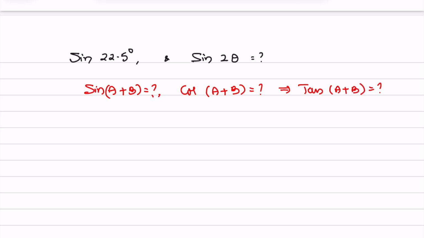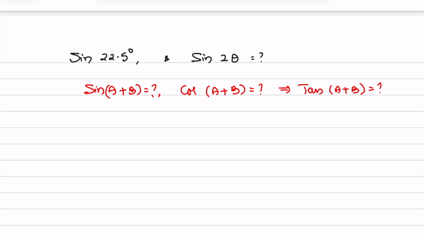With this I wanted to conclude this lecture. Without developing any tables, without by-hearting, with the geometry we got the values of sin 0, sin 30, sin 45, sin 60 and sin 90. In addition to that, we got the value of sin 37.